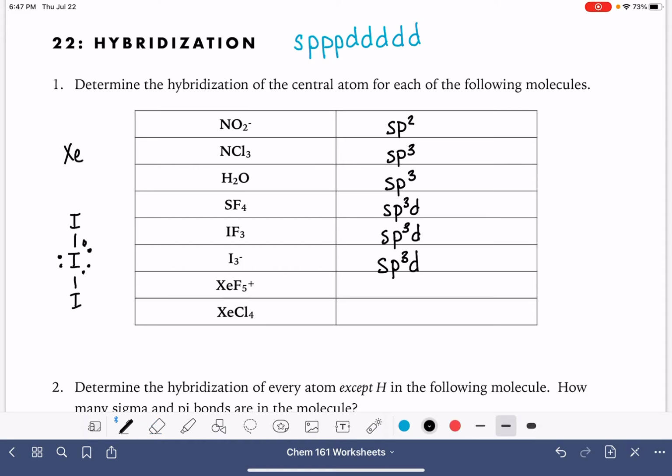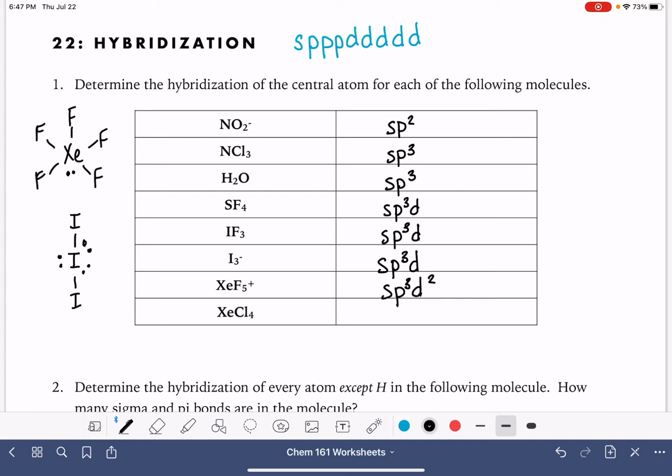Now we have our last two. We have XeF5 plus, which looks like this. And focusing on that central xenon, we have 1, 2, 3, 4, 5, 6 areas of electrons, which means we need 6 orbitals. That's an s, 3 p's, and 2 d's, sp3d2.